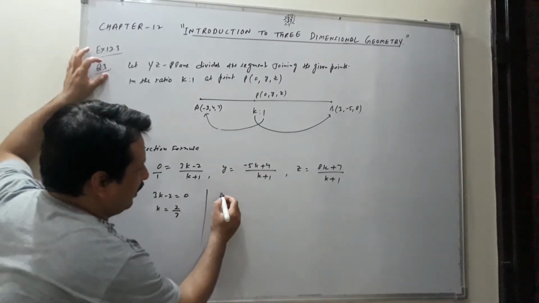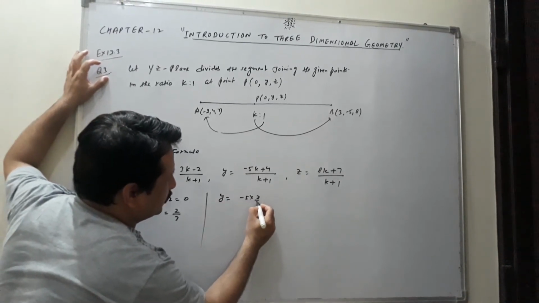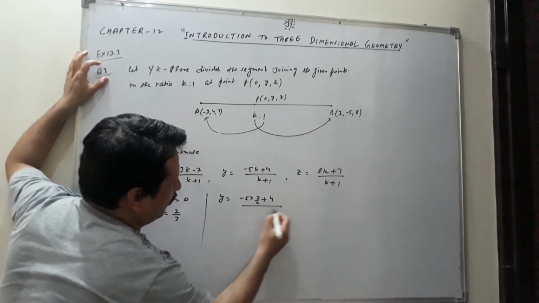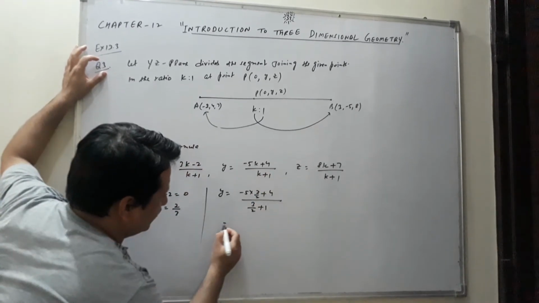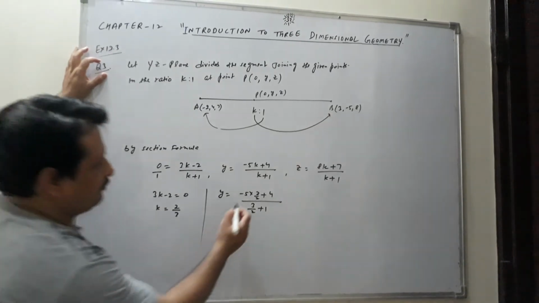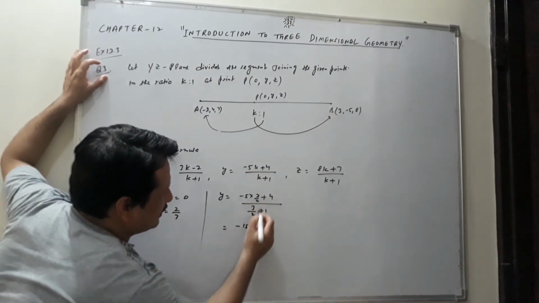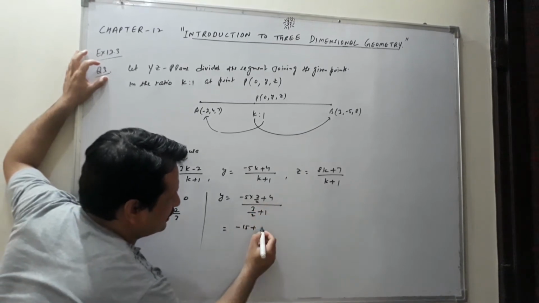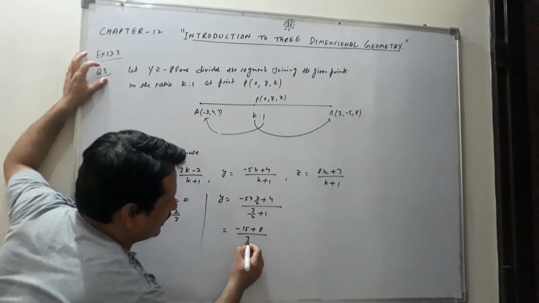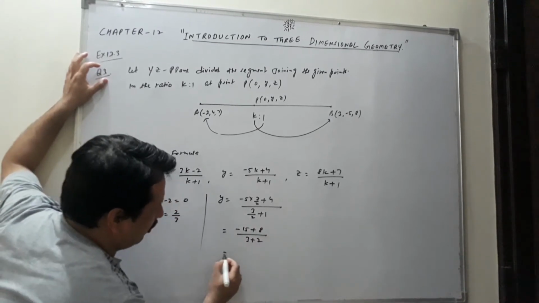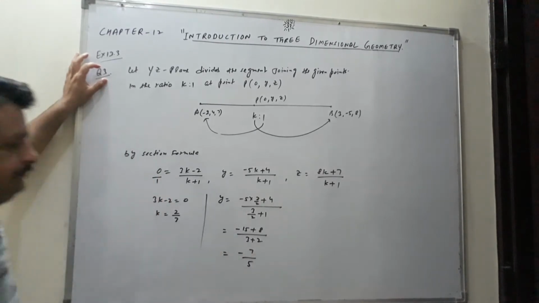Now we will find out y. Y will come as equal to minus 5 into 2 by 3 plus 4 upon 2 by 3 plus 1. We will solve it first. So from there you will have 5 2s are 10, minus 10. I am taking its LCM, plus 4 3s are 12. And in the denominator it will come as 2 plus 3, then, students, right?